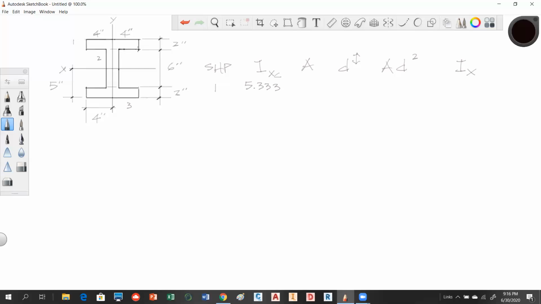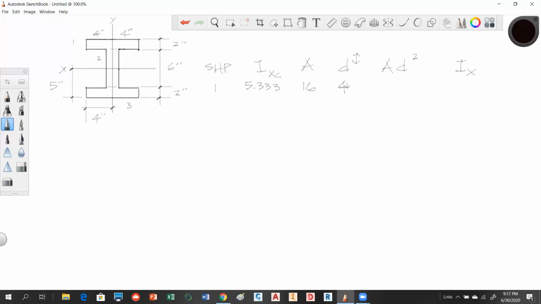Okay, so 8 times 2 is the area, so that gives us 16. So D, if we compare the centroidal composite axis to the centroidal axis of this shape, is 5 units up minus 1, that will give us 4. So D turns out to be 4 inches.